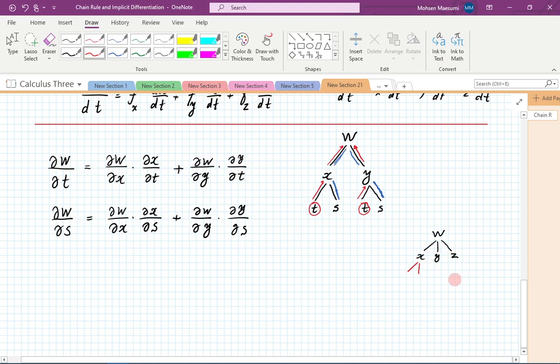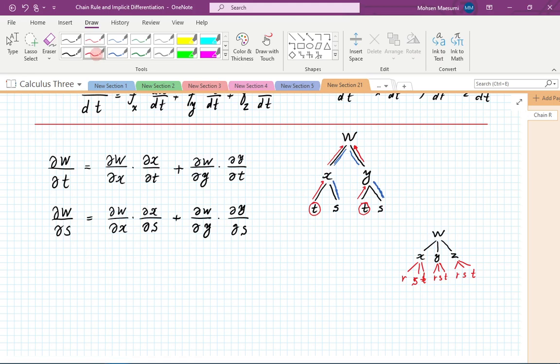Each level we could have a different number of dependencies, so your tree can become quite crowded, RST, maybe RST, RST. Now your formulas become much longer, but the idea is all the same.